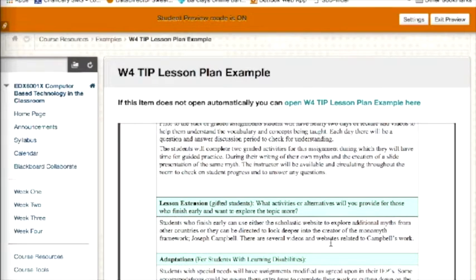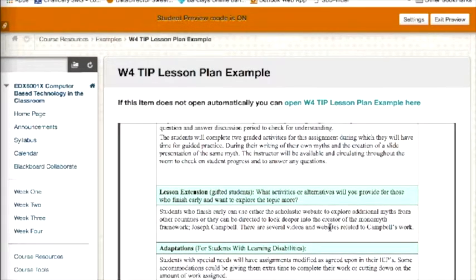Then your lesson extension. When you are facilitating the lesson, students are going to work at different speeds. Some students are going to blast through it super easy and put together amazing quality work. They're going to need some extension.